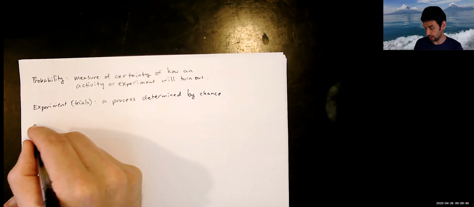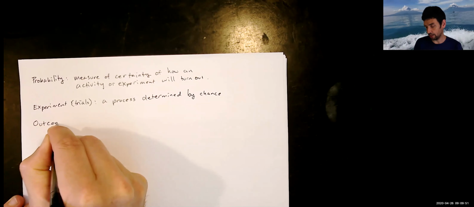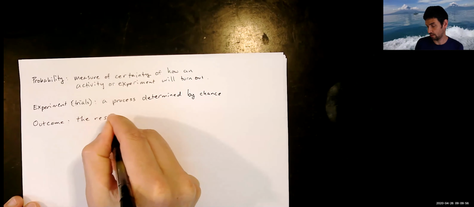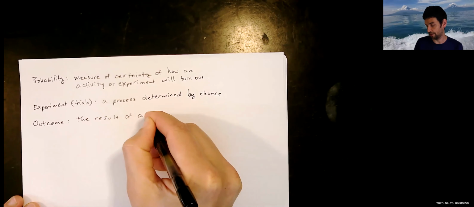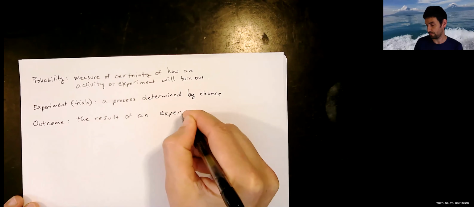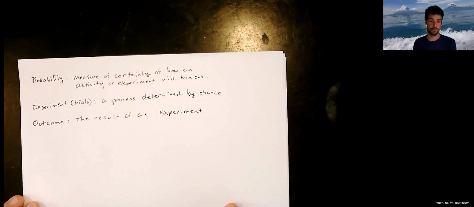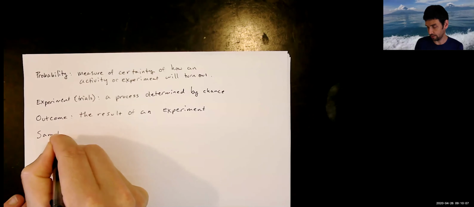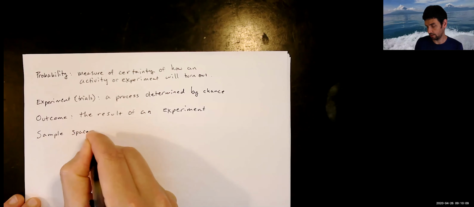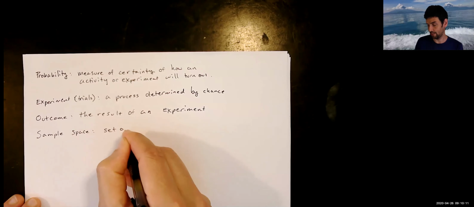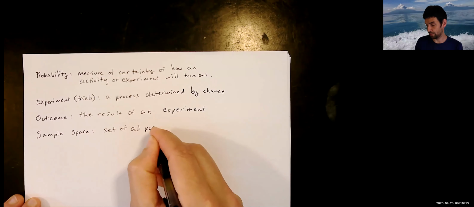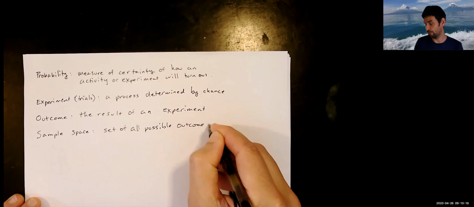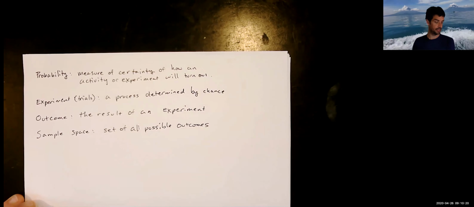We will call an outcome the result of an experiment. Okay. And the sample space is the set of all possible outcomes, right? All the things that could possibly happen when we begin an experiment.